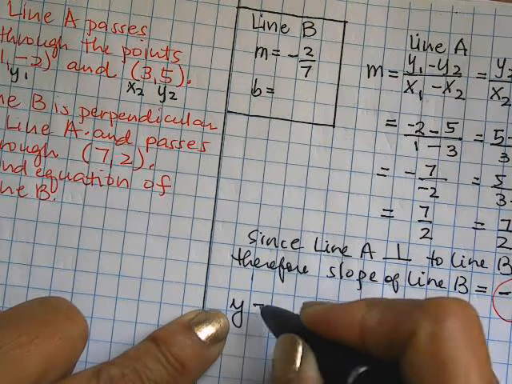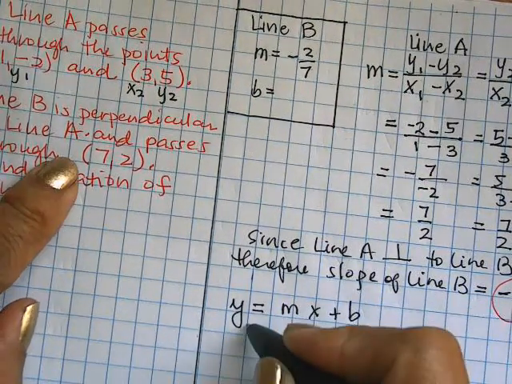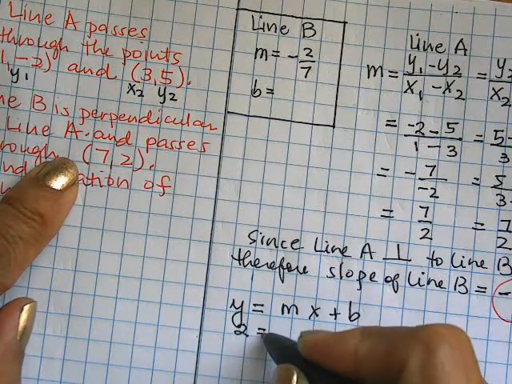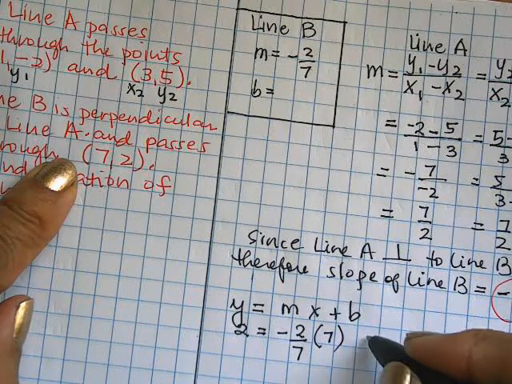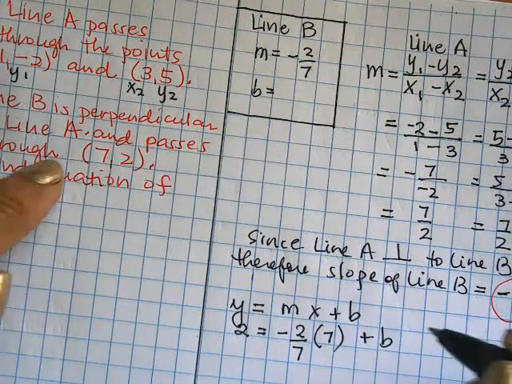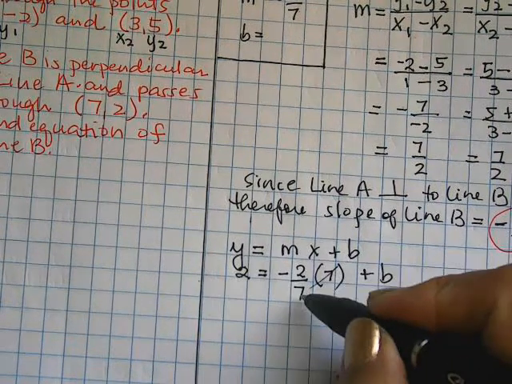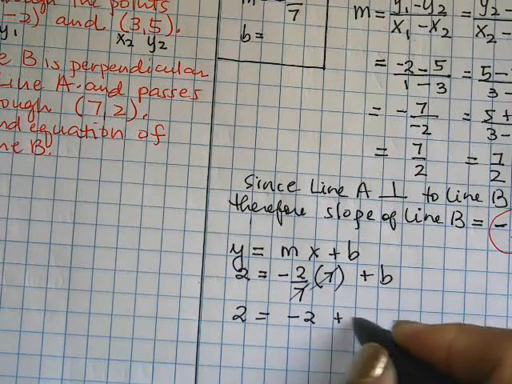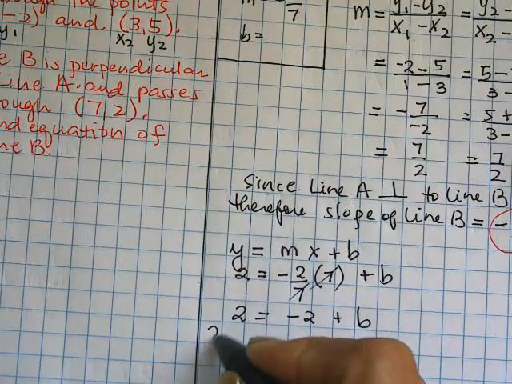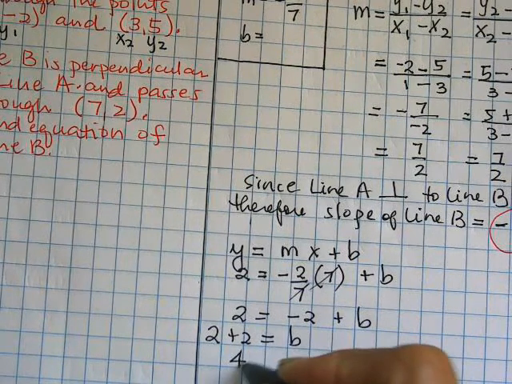Okay, now I hope you have gotten this. y equals mx plus b, y is 2, m is negative 2 over 7, x is 7, plus b. Okay, so this even cancels, which is very good. So 2 is equal to negative 2 plus b. Move this to the other side, b is 4.